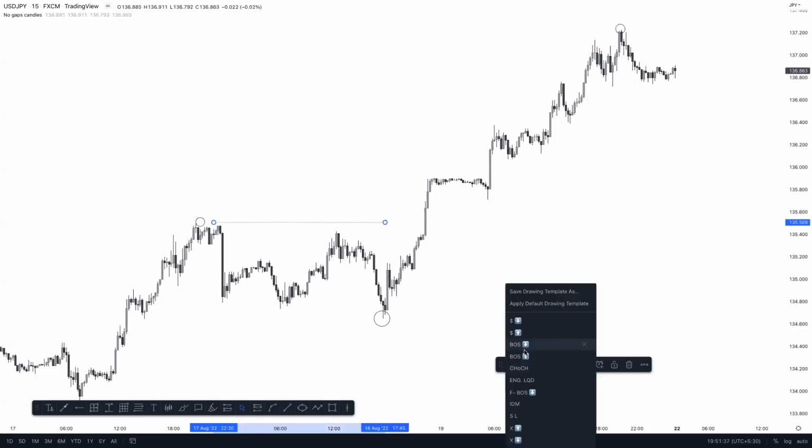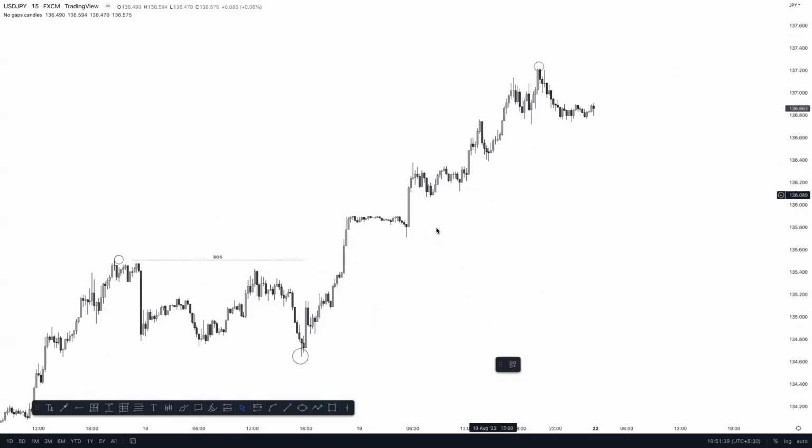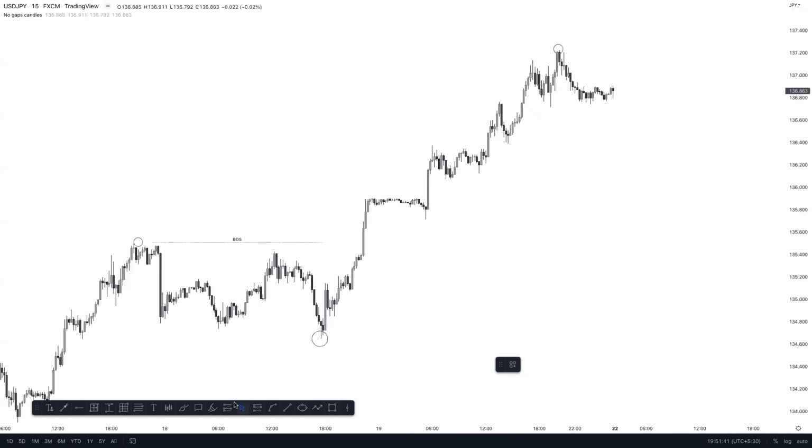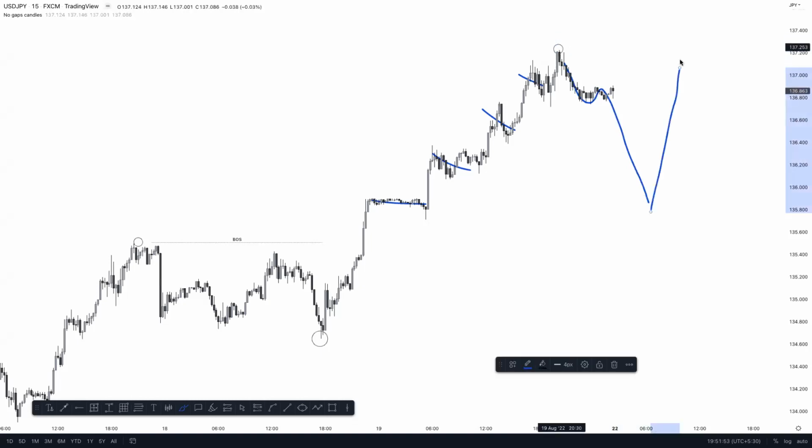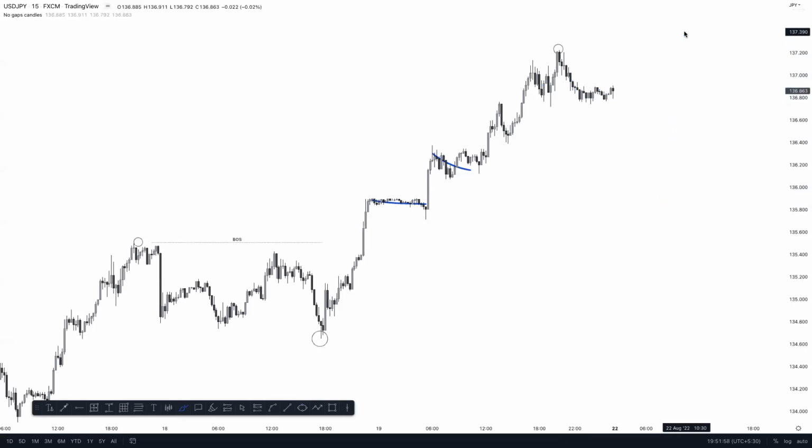This one is a break of structure for me. Market is pushing higher high and creating a smaller pullback, but I need a deeper pullback to confirm this high, and after confirming this high, we can confirm break of structure, and then go higher, right? So this is a possible scenario in USD JPY.